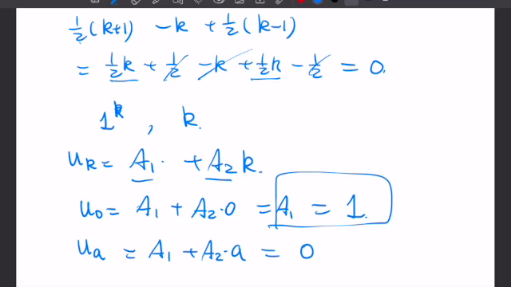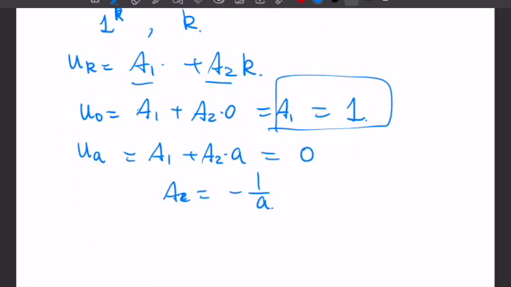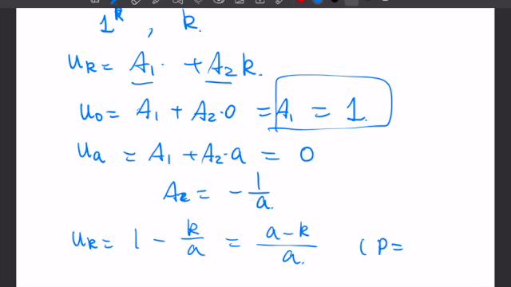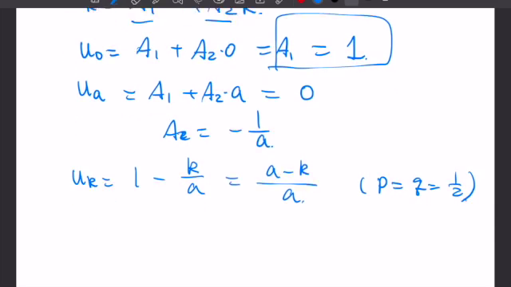And we know a1 is 1, so a2 is minus 1 over a. So after all, we have uk equal to 1 minus k over a, or a minus k over a. So this is when p is equal to q, which is equal to 1/2.